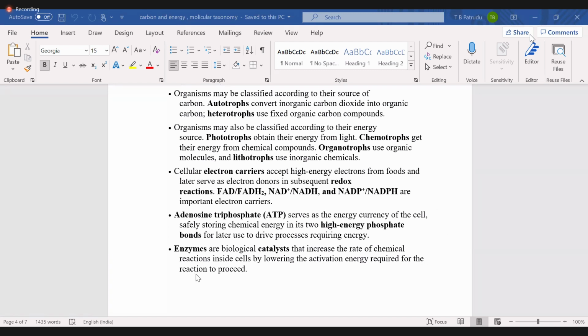Next is enzymes. The majority of enzyme reactions, both photo and chemo reactions, take place in anaerobic conditions. Enzymes are biological catalysts that increase the rate of chemical reaction inside the cell by lowering the activation energy. Whenever the activation energy is lowered, the reaction speeds up.